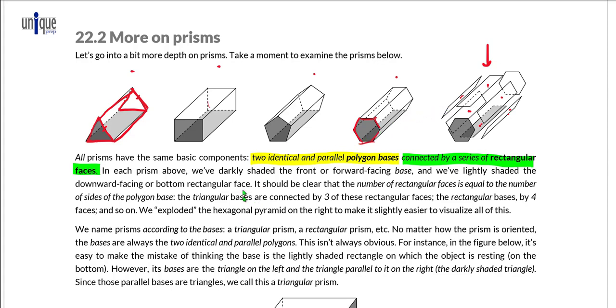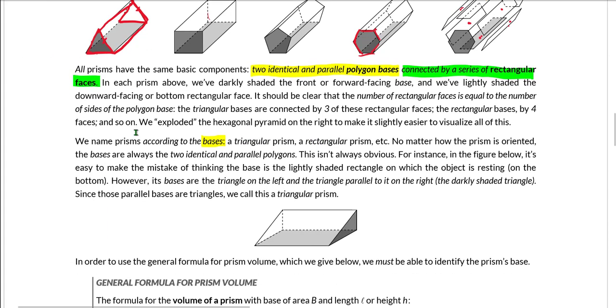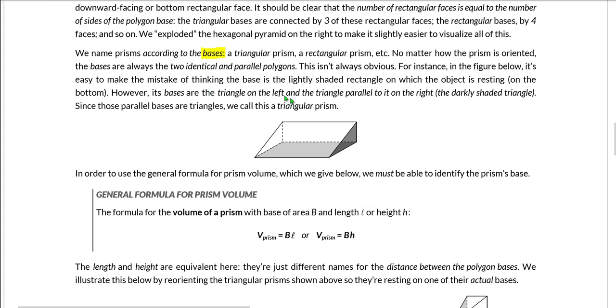Very important to know that prisms are named according to the bases. So a triangular prism, a rectangular prism, and it doesn't matter how the prism is oriented. Some students do get confused by this. So some students will see this prism here, and this prism seems to be lying on a rectangular face, right?